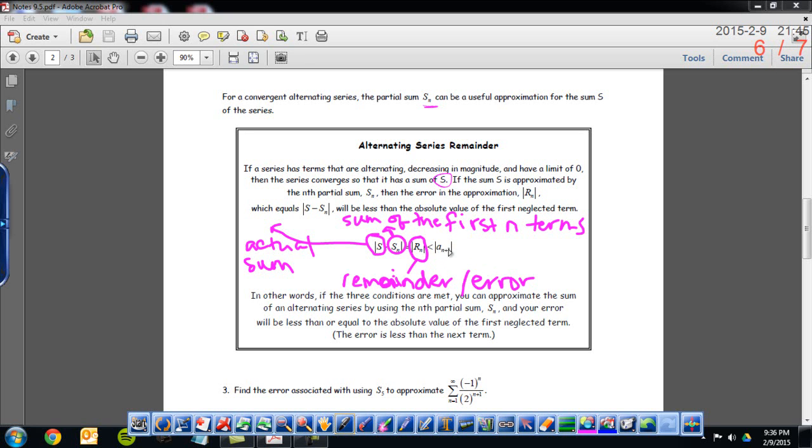And what this is saying is that your error is always going to be less than or equal to a sub n plus 1. So that's the n plus 1 term. So if you used n terms in your approximation, then your error is going to be less than the next term. You can think of it as the first term not used in the approximation.